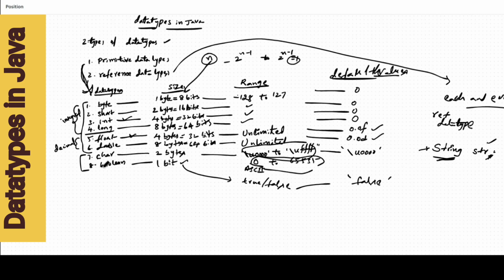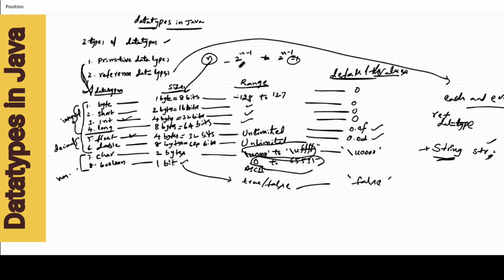In primitive we have 8: byte, short, int, long as integral, float and double as decimal, char and boolean as non-numeric. Size is 1 byte, 2 bytes, 4 bytes, 8 bytes for integral, 4 bytes and 8 bytes for float and double, 2 bytes for char and 1 bit for boolean.